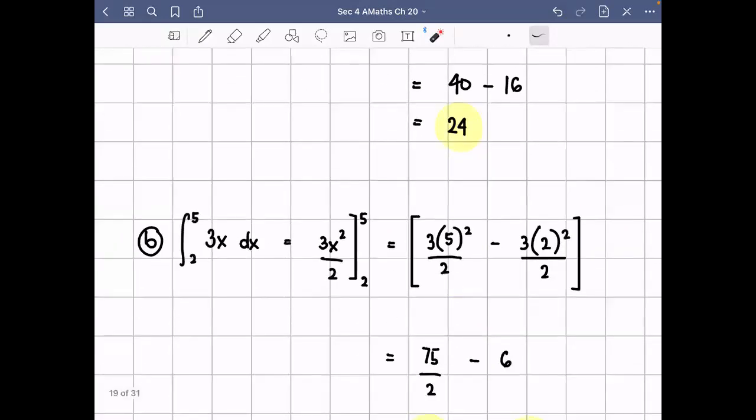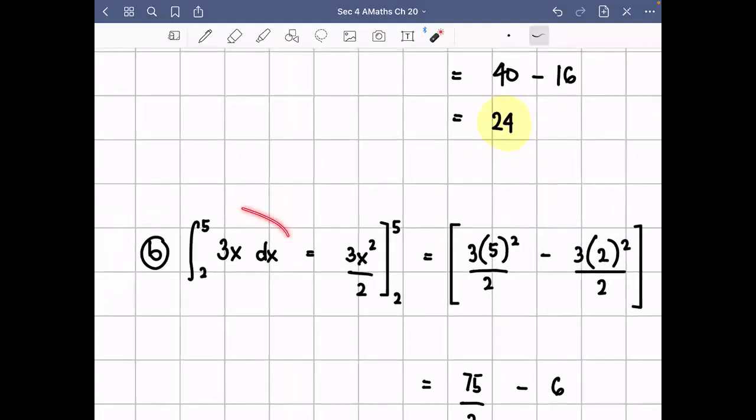Now, letter B is a bit more complex. We're given this. What is the antiderivative of 3x, and then you have your lower and upper limit, from 2 to 5. The first step is to find the antiderivative of 3x.